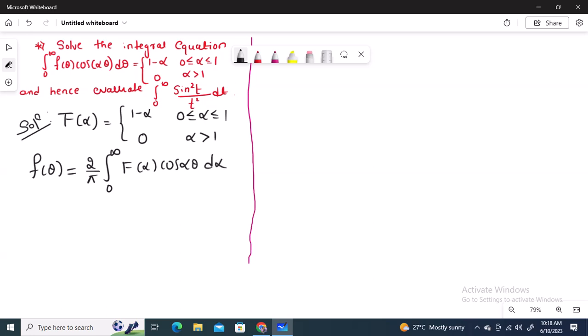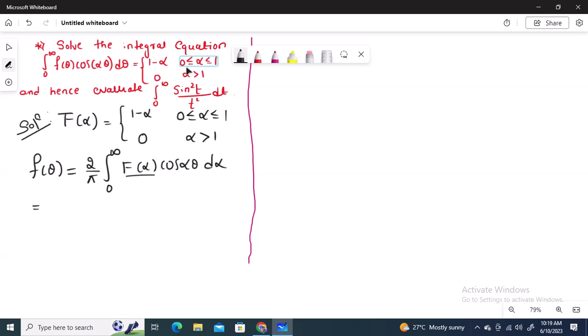Okay, so why? Because you can see here, it is with respect to cos only, therefore definitely it is Fourier cosine transform only. That is the reason, since we are finding the unknown value f of theta, we have to take the integration with respect to alpha, not with respect to theta. Now, the answer we know, f of alpha we know here, f of alpha is 1 minus alpha.